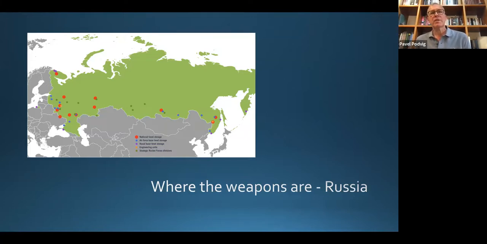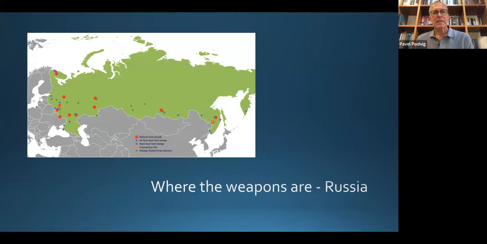The idea would be to move weapons from those base level facilities to those red dots, to move weapons away from the delivery systems. Why would that be a good thing?